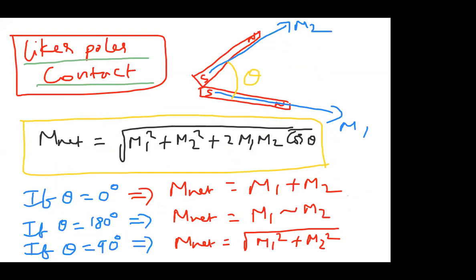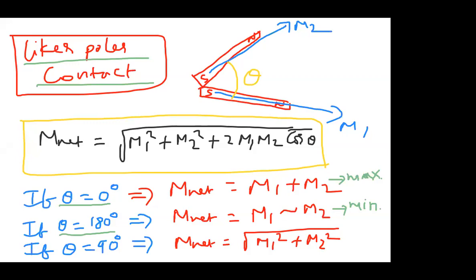We can also write here, this is the maximum value. Here this value I can also write as minimum value. Theta 180 minimum, theta 0 maximum. Theta 90, by substituting those values we got these expressions.